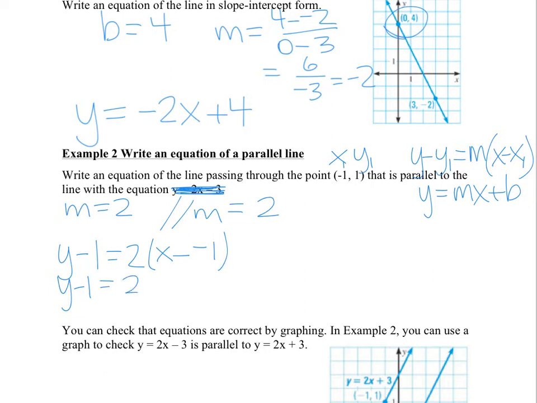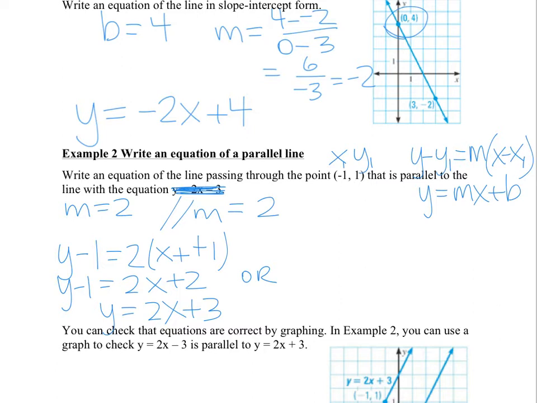Then rearrange, and then add the 1. So that's one way. Or the other way is to find the y-intercept using mx plus b.